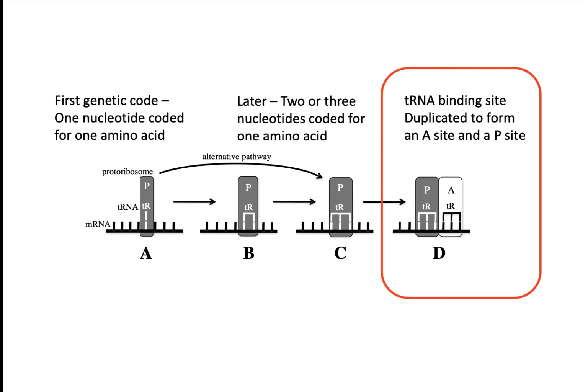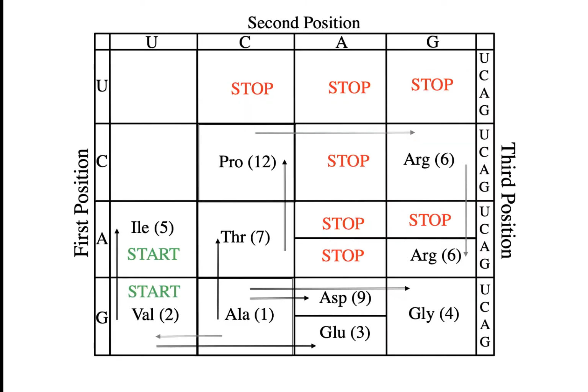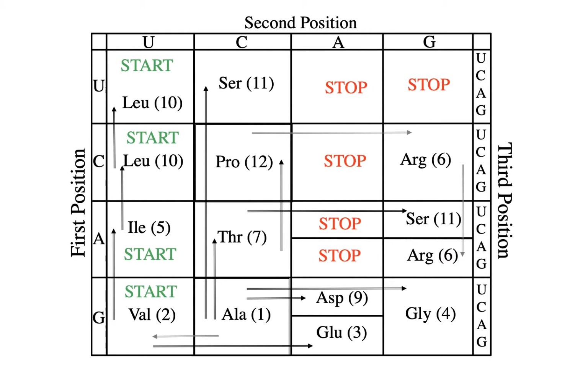But by the time you have a genetic code this complex, then it's clear that it has to be a triplet codon. And so at this point, we're probably talking about a genetic code around 4 billion to 3.8 billion years ago. So here it is again, and now more of the genetic code needs to be filled in. And so there are more codons used, this time mainly for leucine.